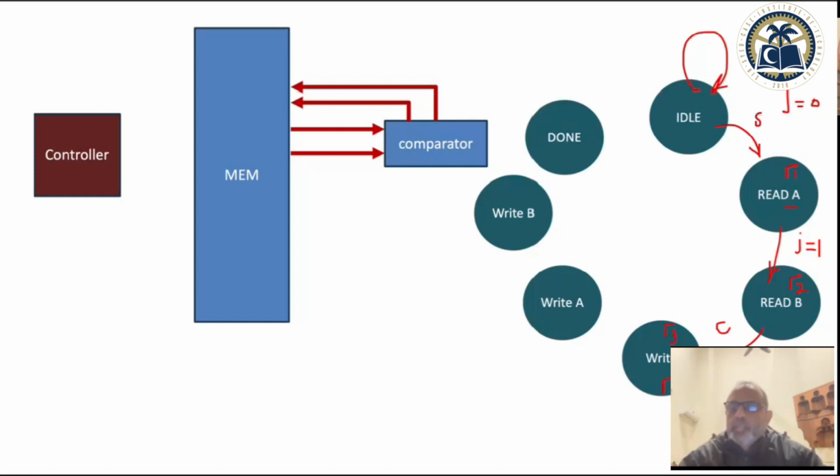Next cycle you say write R1, and here you need to write the smaller value into 0, the larger value into 1, and write B, smaller value goes into 0. Somehow you need to figure this out. And then you go here again.